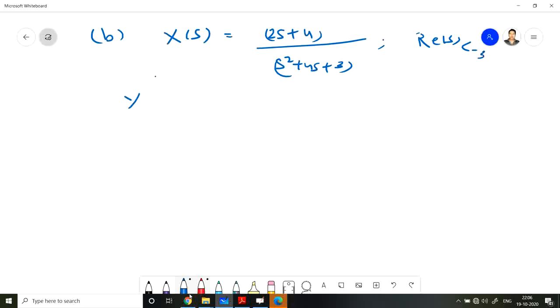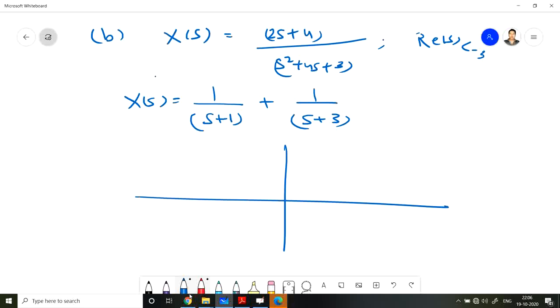So again we can separate this X(s) using partial fractions. We already found that it is 1 divided by s plus 1 plus 1 divided by s plus 3.